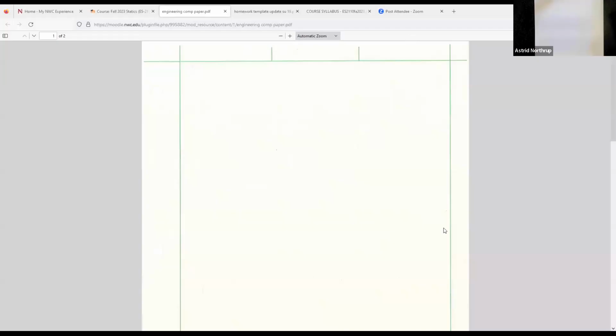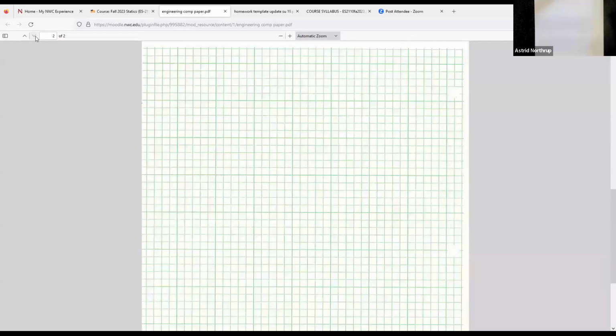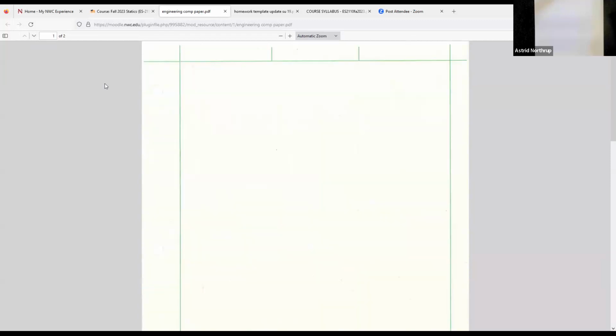Okay, so one of the things you may have noticed is the homework template showed that the homework was done on green paper. This is the front of a piece of green paper. It's called engineering comp paper. This is the back. And engineers for 50 years have used paper very similar to this.